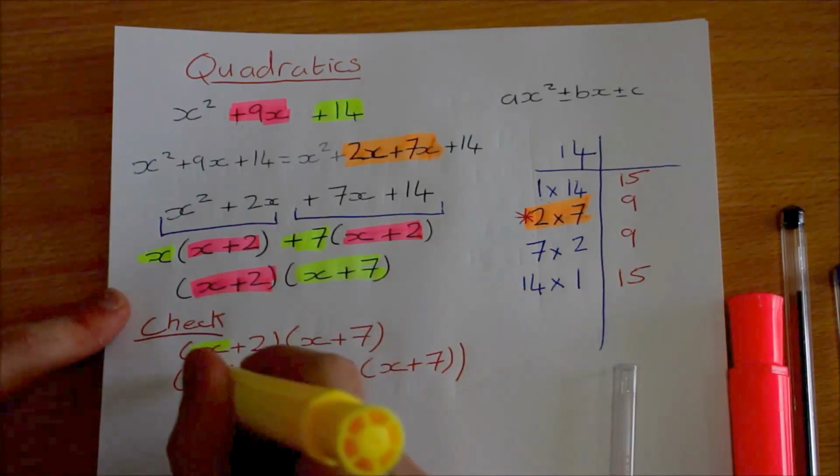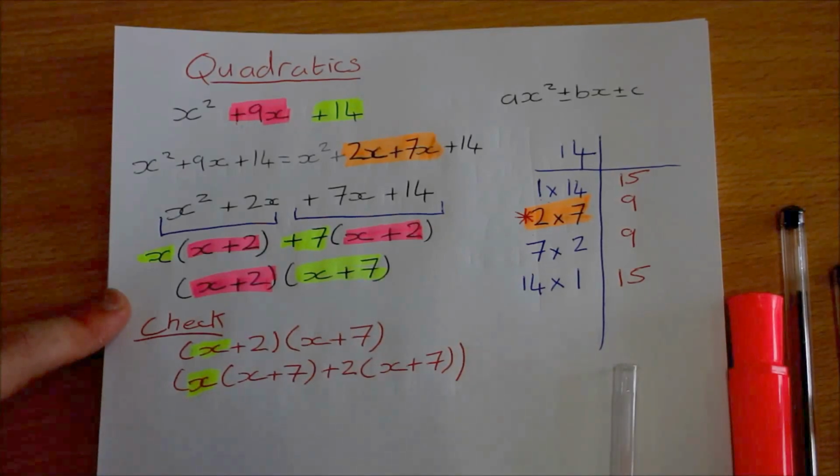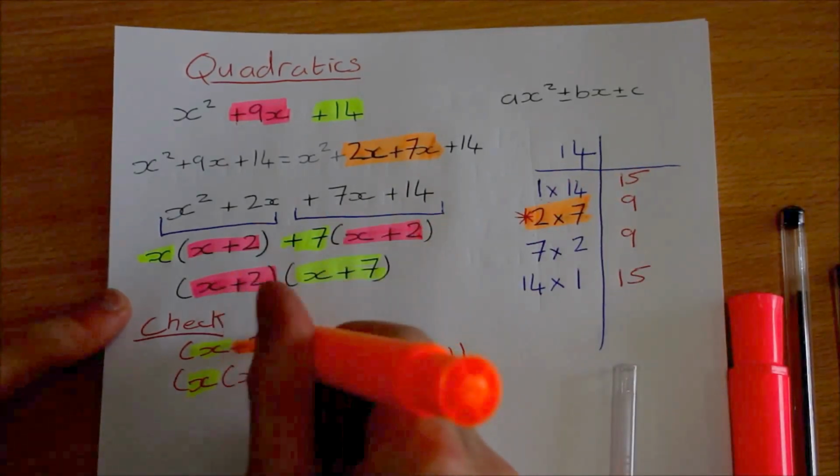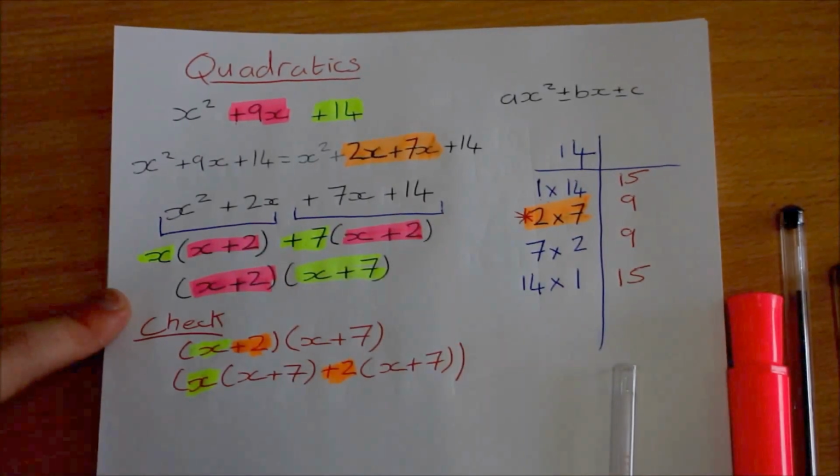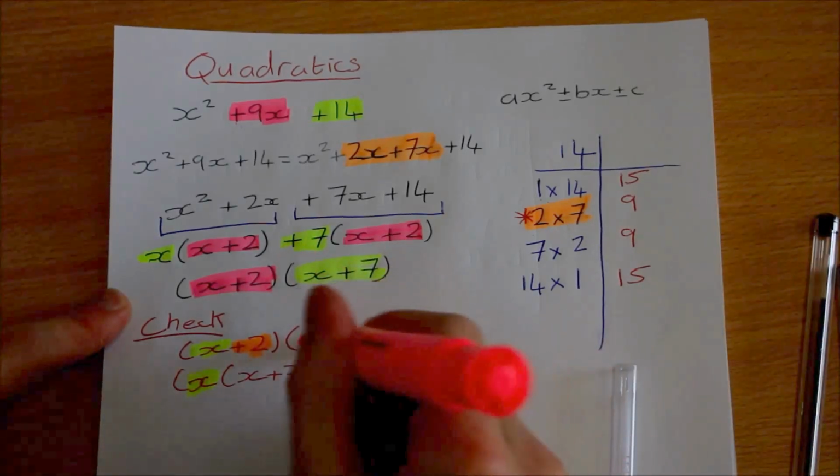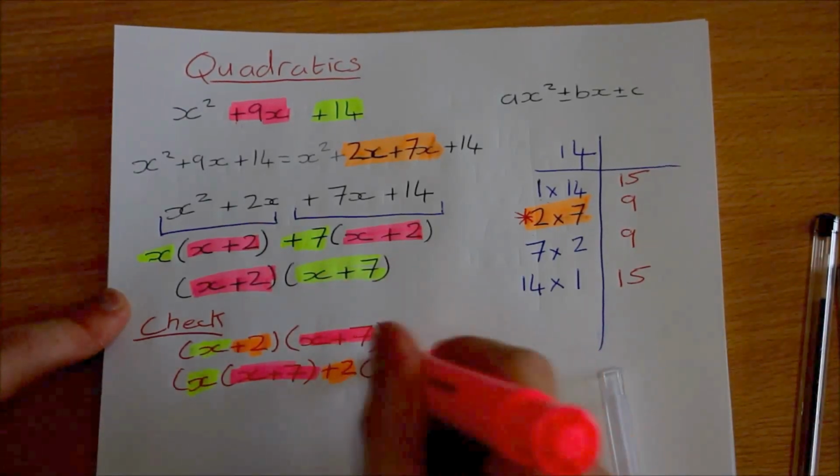So there's my x, it goes there. My plus 2 goes here. And my x plus 7 appears twice in those locations.